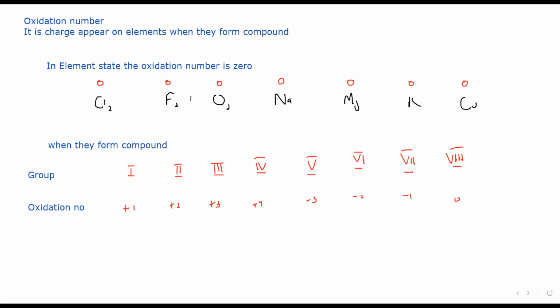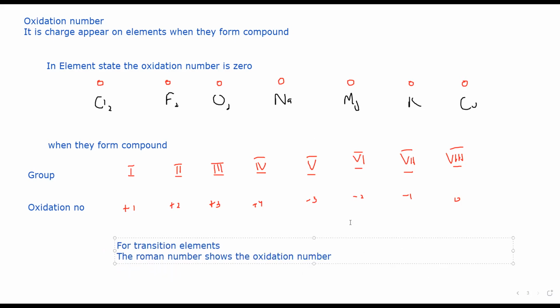In O levels, you will keep this information in mind. And for transition element, the Roman number shows the oxidation number. Like example, if I say copper 2 oxide, copper 2 sulfate, iron 3 oxide.